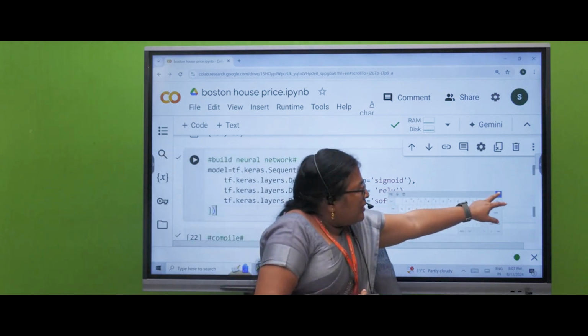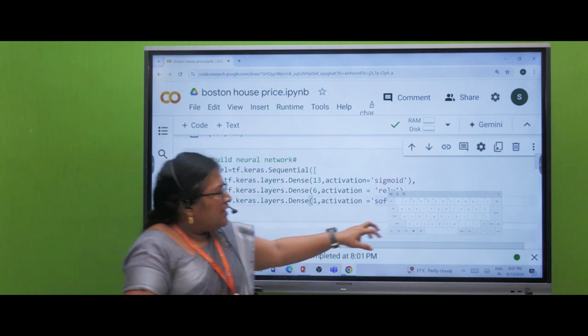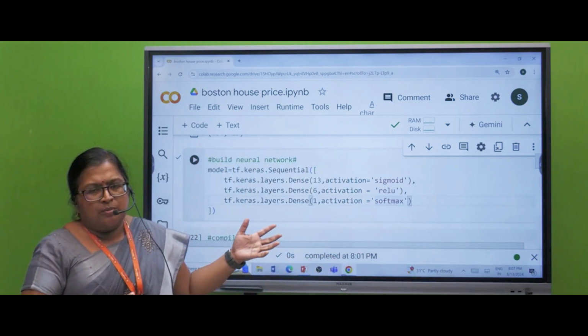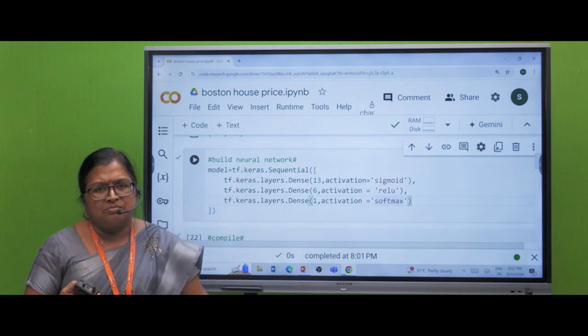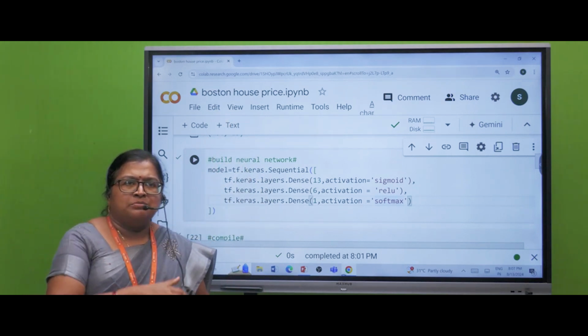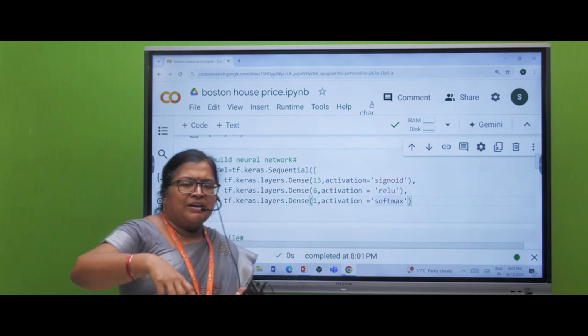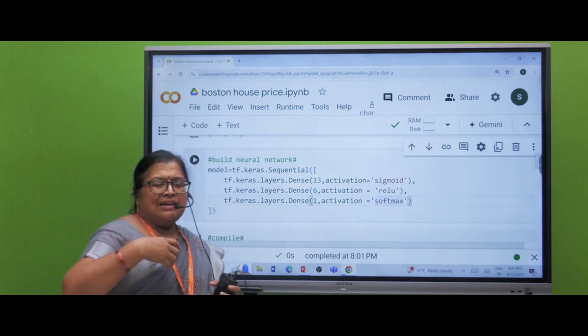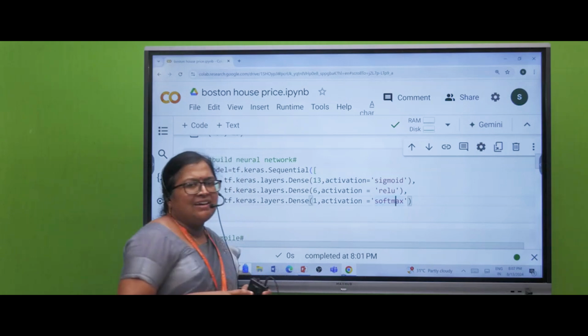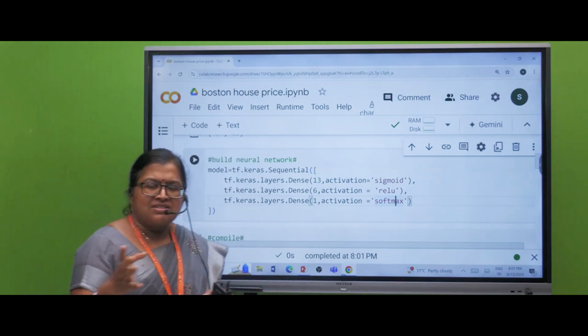Instead of softmax, as this is just a linear regression problem, house features are there, and depending on that you have to predict some house prices. So just a normal linear regression problem. Instead of softmax, here you can use the linear function, the first activation function we have studied.